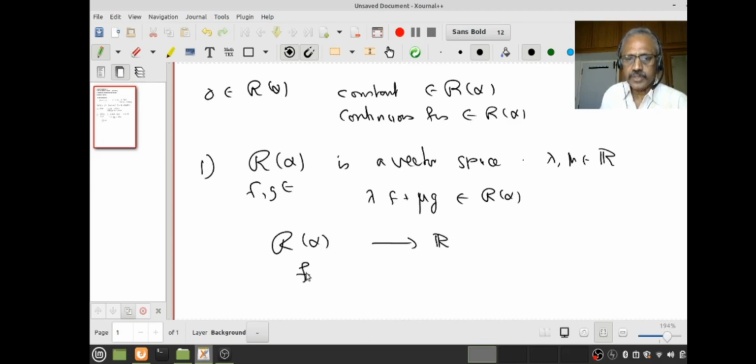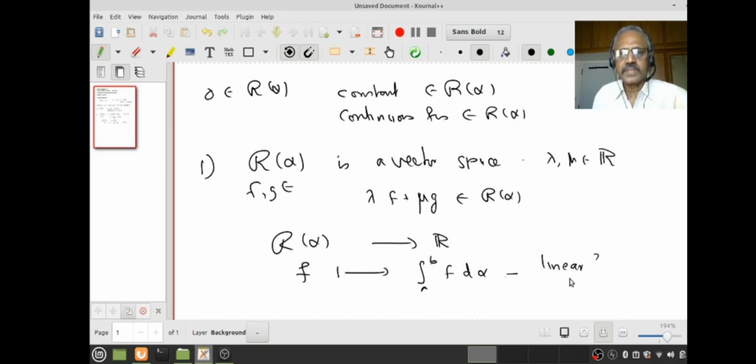You give me any alpha integrable function f, I can map it to the real number integral from a to b of f d alpha. If I know this is a vector space, I would also like to know what kind of a function this mapping is. The obvious question is whether it is linear. Very good. These are the questions we want to address.